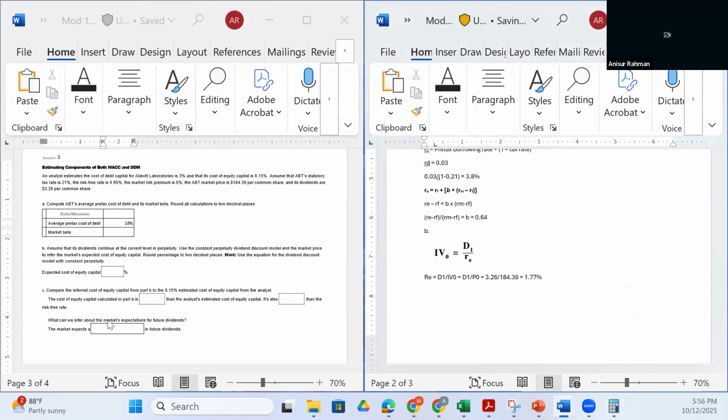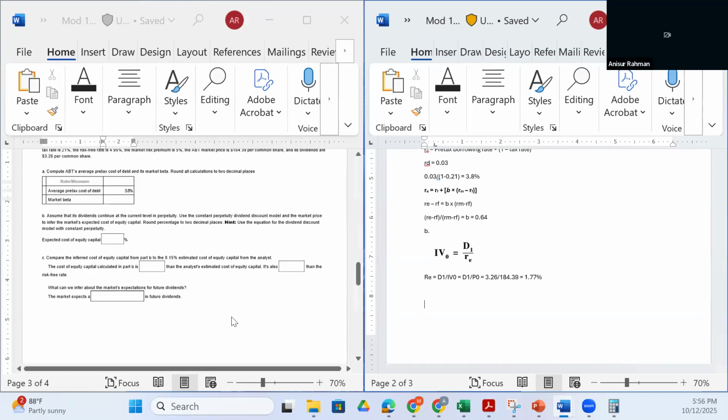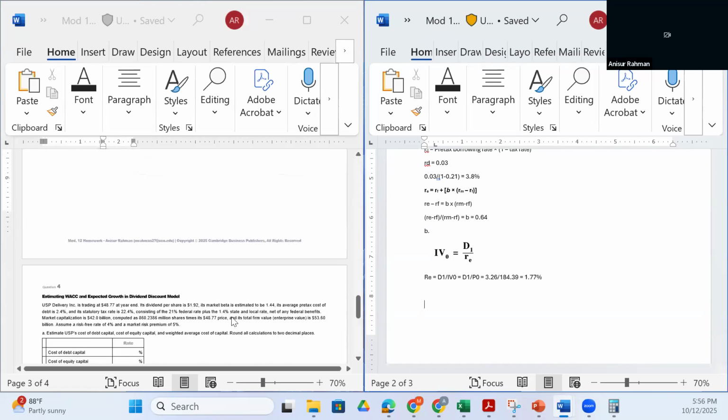Now, compare the inferred cost of equity capital from Part B to the 8.15% estimated cost of equity capital from the analyst. Actually, I will let you guys think about this and answer this problem. It is more conceptual. You should be able to answer this.